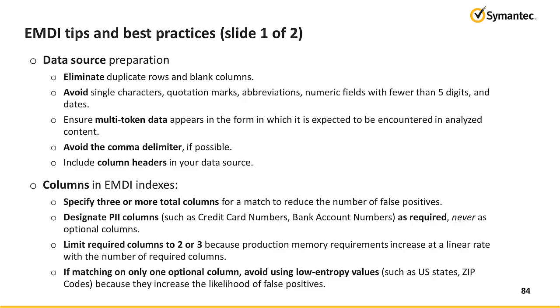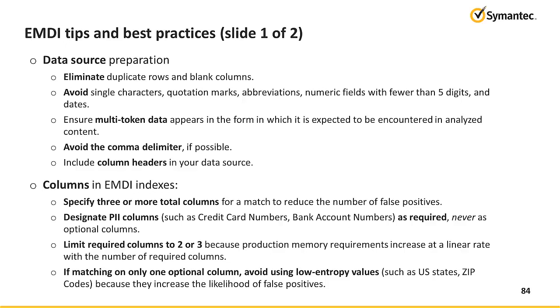For columns in EMDI profiles, we will go into more detail about how to create EMDI profiles later in this topic, but here are some tips related to designating which columns are required or optional when you are configuring the profile. 1. Specify 3 or more total columns for a match to reduce the number of false positives. 2.